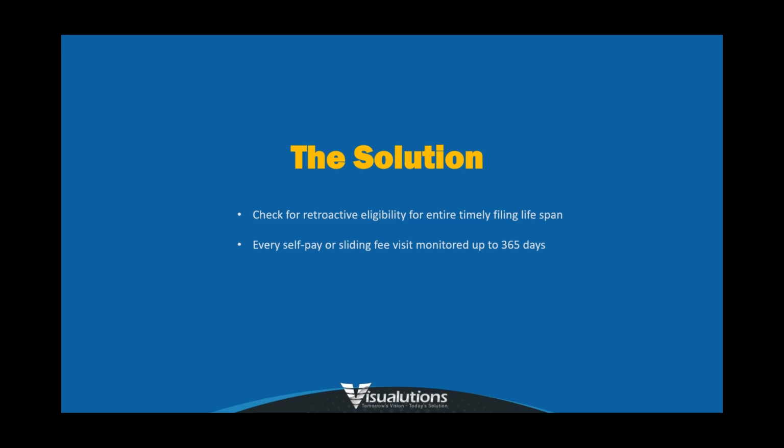That essentially could be 5,000 visits monitored today, monitored tomorrow, and until either eligibility is identified or the visit passes 365 days. That essentially could equal about 150,000 eligibility checks.